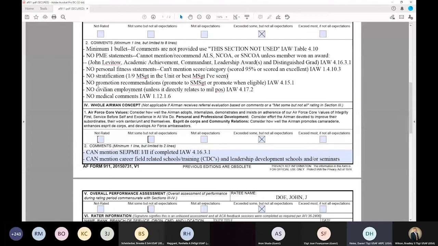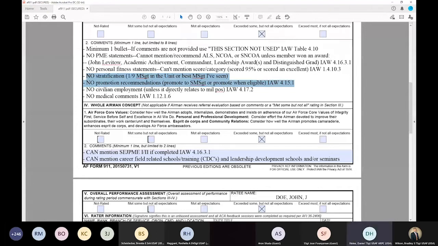And then also, there are no promotion recommendations allowed in the performance sections. Again, there is going to be a section that does allow a promotion recommendation that I will also mention once we go through a little bit further down the form. So stratification and promotion recommendations, I will specifically say which section and when they are allowed on the form.